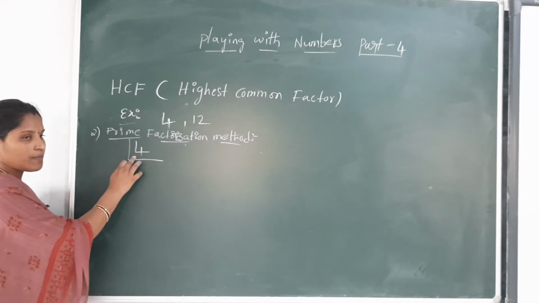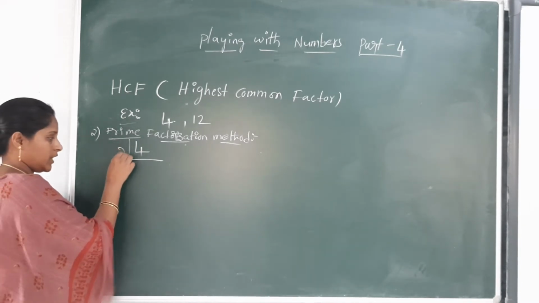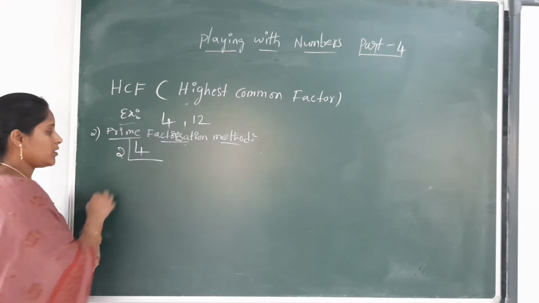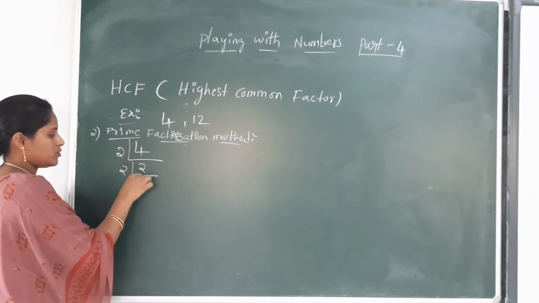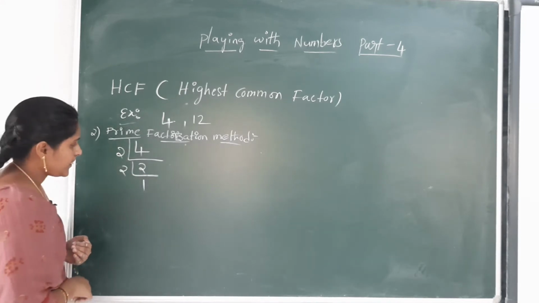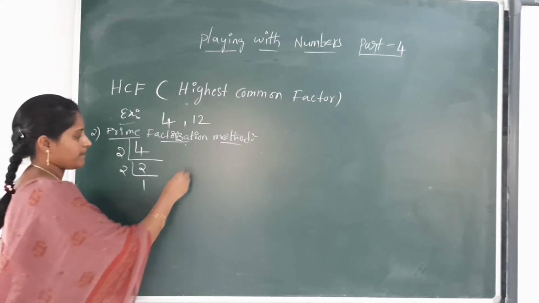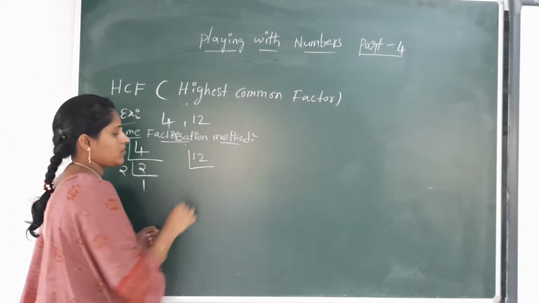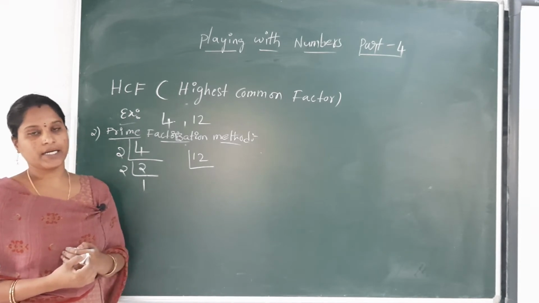4 is an even number, so it is exactly divisible by 2. That's why I have taken 2 here as a factor. 2 in this 2 times, again 2 in this 1 time. Next, we are going to find the prime factors for 12. 12 is also an even number, so it is exactly divisible by 2.